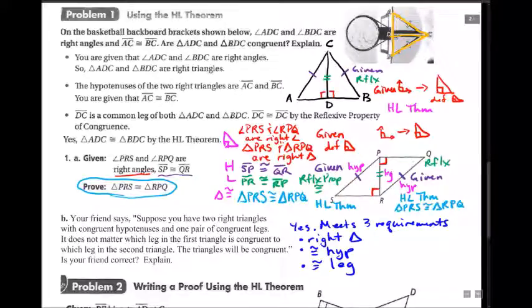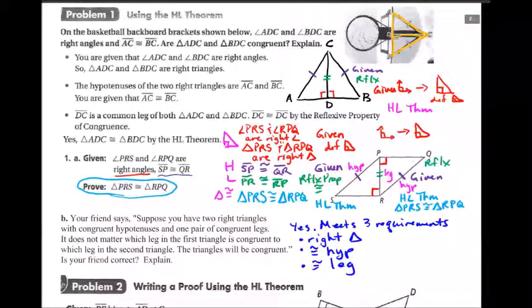We have a triangle with one right angle, makes it a right triangle. So we have fulfilled that requirement. And then we need congruent hypotenuses, and we are given those. And we need congruent legs. Reflexive property of congruence gives us that one. And then we can prove that our triangles are congruent using the HL theorem.